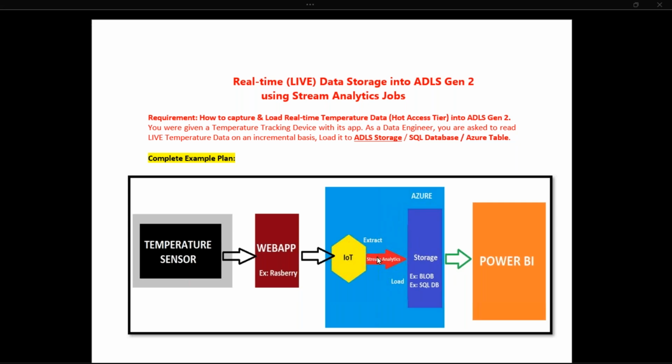But you would like to get this load on incremental basis. Means whatever was written previously should not be rewritten again, should not be duplicated, should not be overwritten. It should always be only new data, new content.